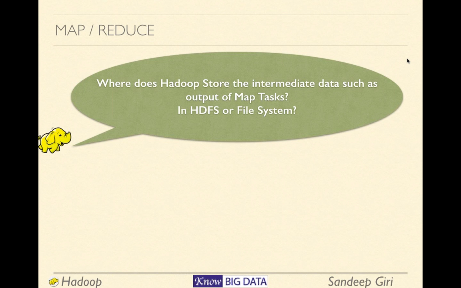Basically, as Tuhin said, in the case of a mapper, whatever output of the mapper comes out is put onto a circular buffer, which is slowly moved onto the disk in parallel. So it will initially be in the buffer and then move to the local file system. Yeah, you're right, Tuhin.